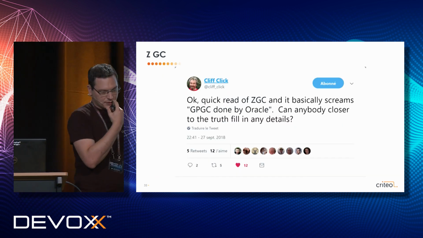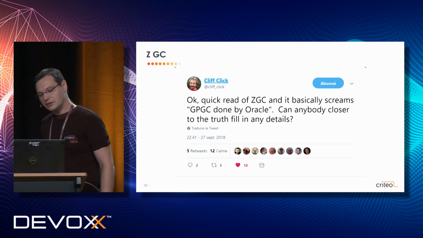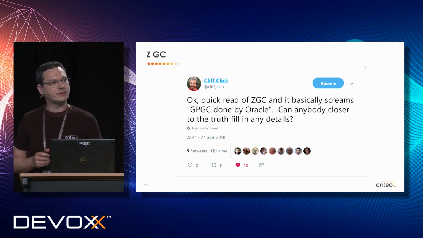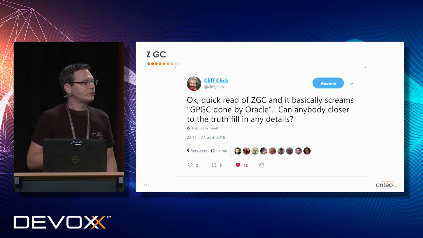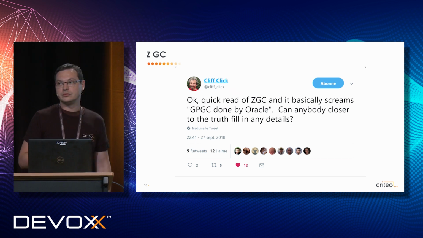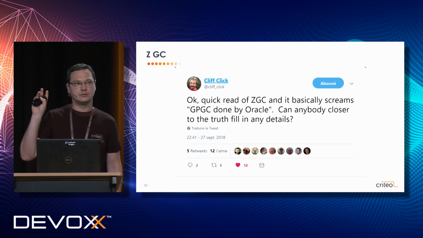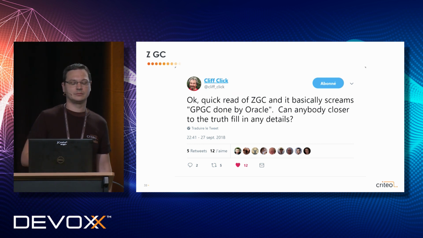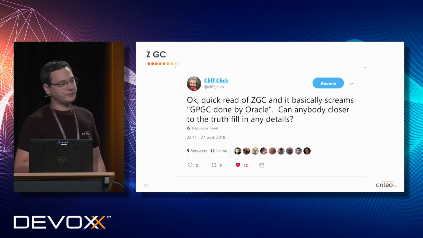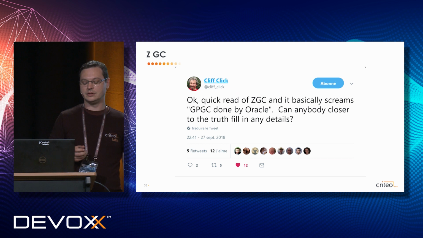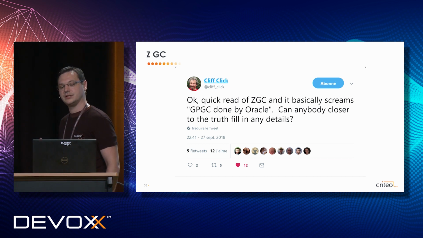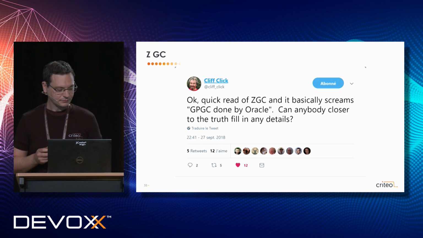And if you study this algorithm a little bit, it looks very, very familiar. So who knows about Cliff Click? Some couple of hands. Cliff Click was the original JVM JIT architect.